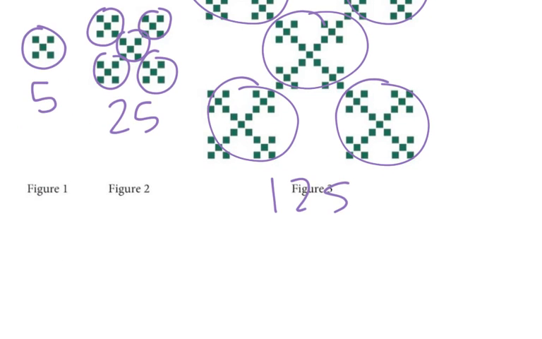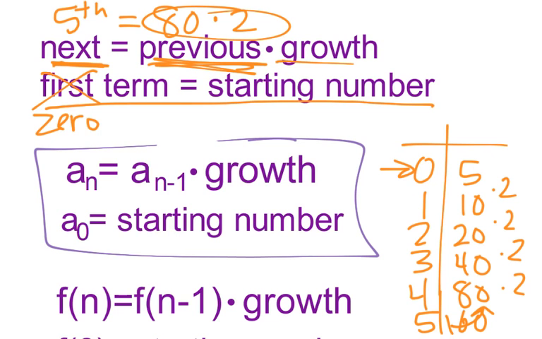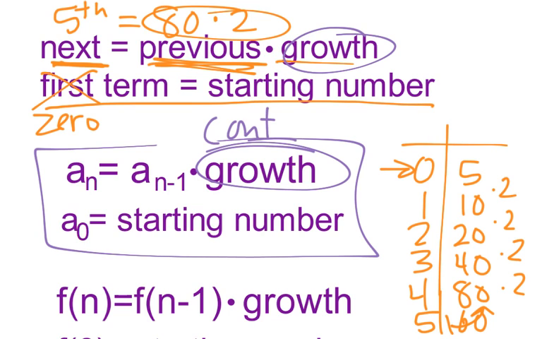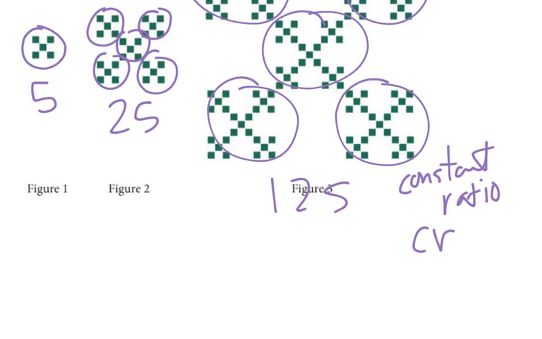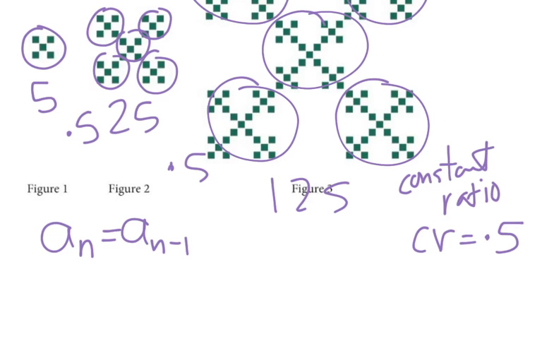Well, our constant ratio, that's the growth number. The official name for it is the constant ratio, or the CR we could say. Our CR equals, what are we doing each time? We're multiplying by 5. So I'm going to write a sub n equals a sub n minus 1, and then times 5.